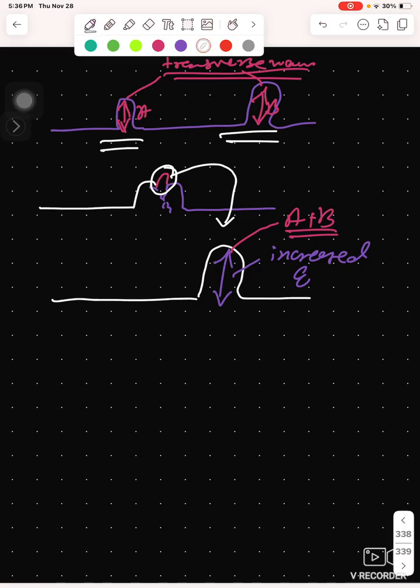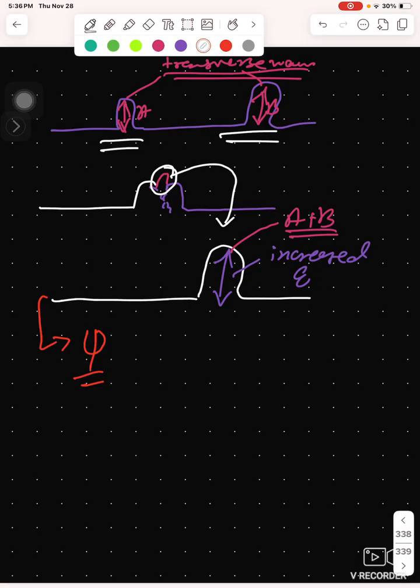Now how is this related to quantum mechanics? Here we have something known as the wave function. This is what is mostly related to the wave function, because when we are talking about particles in quantum mechanics, when we don't measure them, they don't have a precise location.